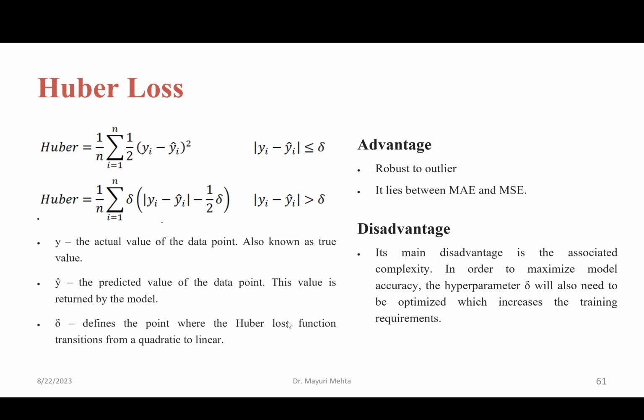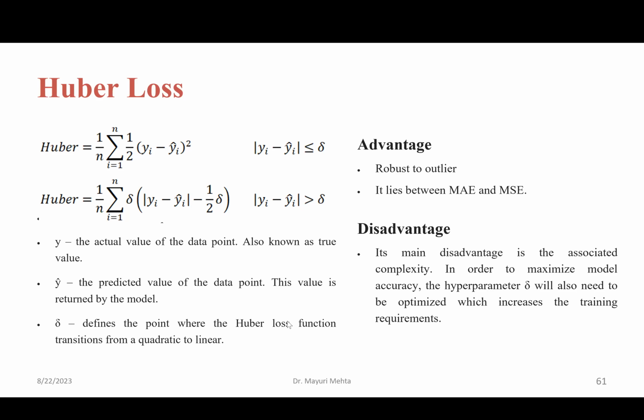The previous two, especially the first one, L2 loss, is sensitive to outliers. But Huber loss is less sensitive to outliers than the squared error loss, that is L2 loss.